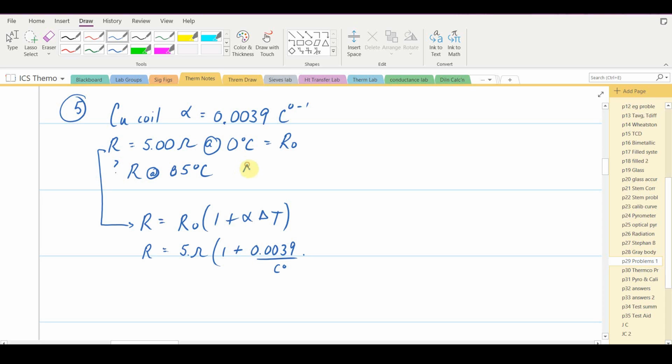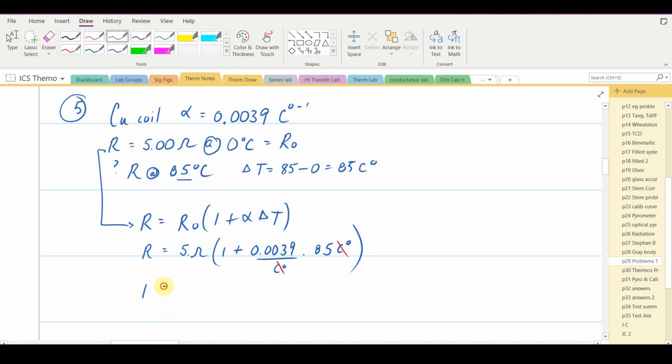Well, delta T will be 85 Celsius degrees, because 85 is the current temperature minus the reference temperature of 0. It's kind of neat that the reference temperature is at 0, so the final temperature is in fact numerically the same as the temperature difference. Celsius degrees will cancel for us. This is a dimensionless term in the brackets.